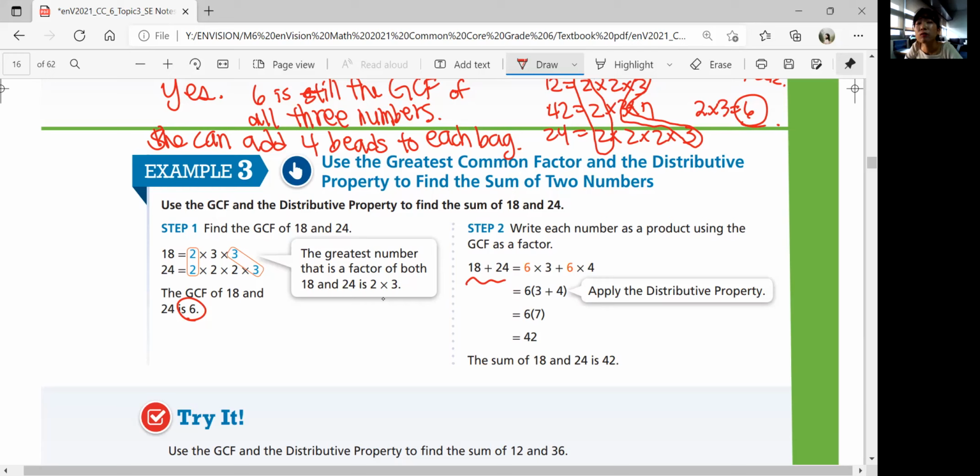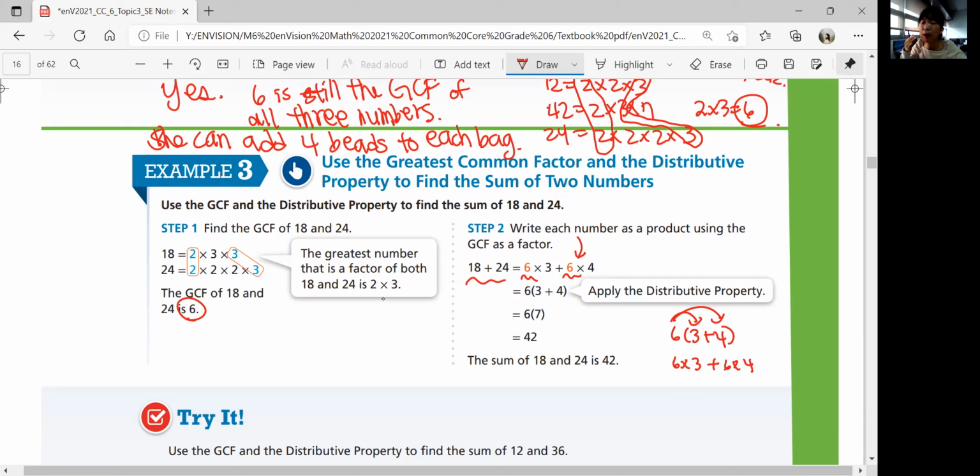So you can go backwards into distributive property and say, oh, we have this greatest common factor that's multiplied. So I'm going to write 6, parentheses, 3 plus 4. Because if we use the distributive property, what does this do? 6 times 3 plus 6 times 4, and that's where we started, right?